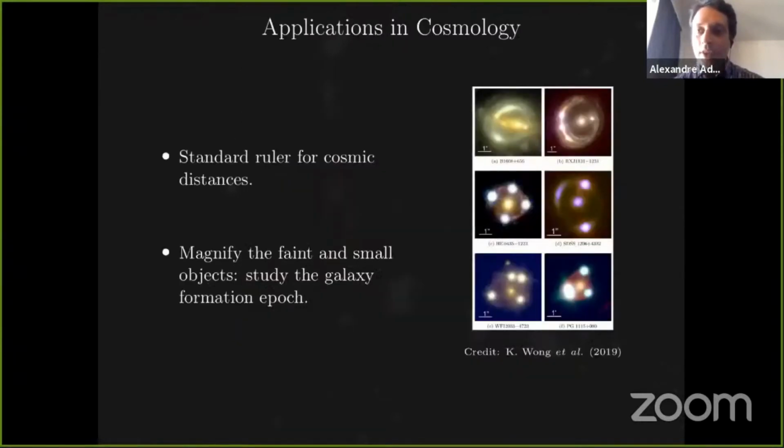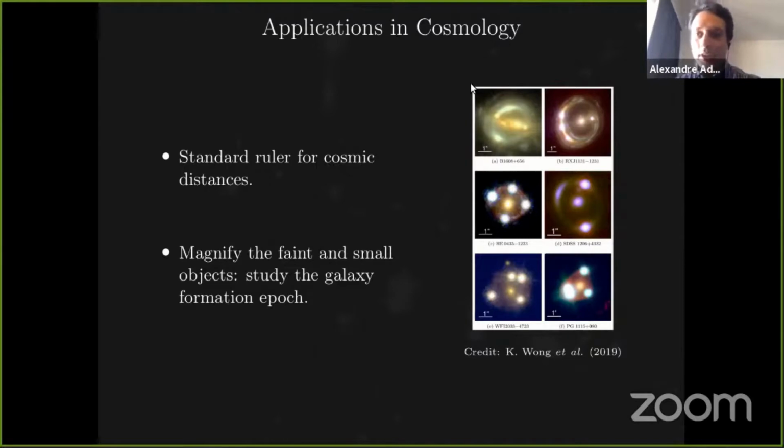And this gives us applications in cosmology, specifically when we have a population of these systems. You can see here on the right, 6 gravitational lenses that were used to infer the expansion rate of the universe. I won't say much on this because there is an excellent presentation coming up by Ev on this specific topic.